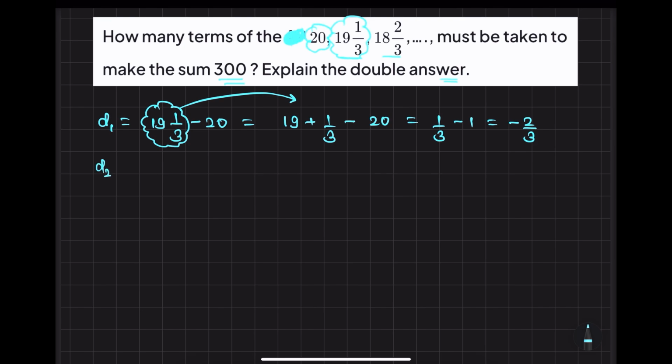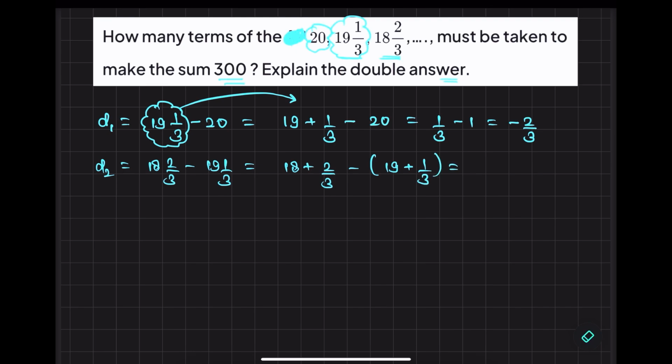Similarly, we will go with D2. Who is D2? This: 18 2 by 3 minus 19 1 by 3. We can write 18 2 by 3 as 18 plus 2 by 3, and 19 1 by 3 as 19 plus 1 by 3.